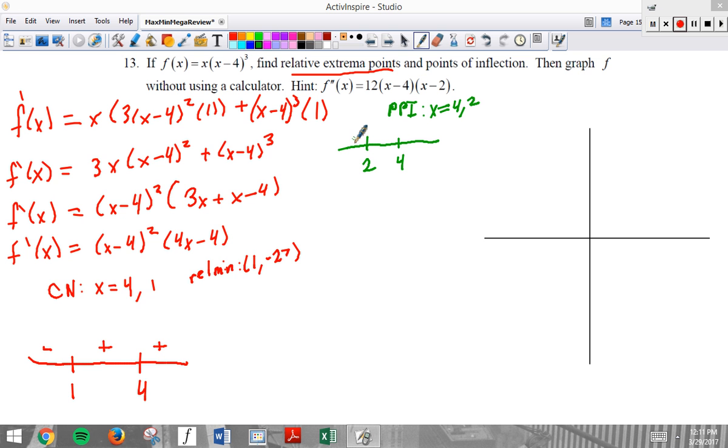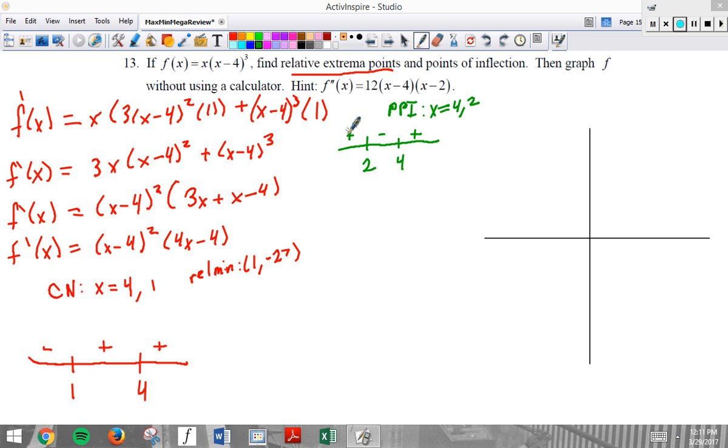So, at 0, we're dealing with a positive. At 3, we're dealing with a negative. After 4, like at 5, we're dealing with a positive. These are both odd zeros. 1, 1. Okay? Tricks like that will help you.